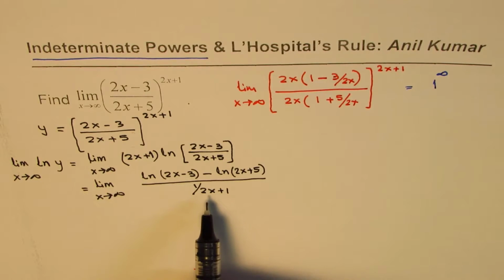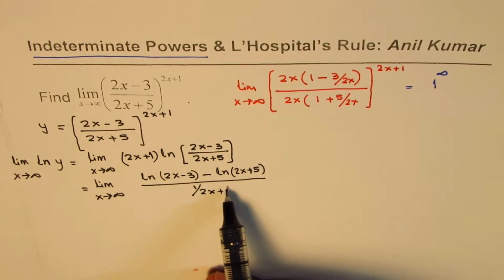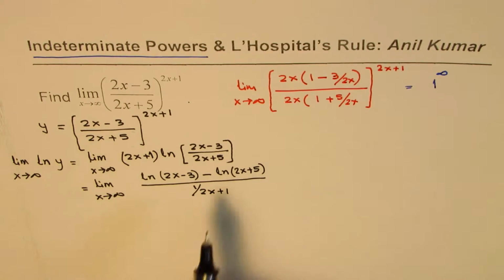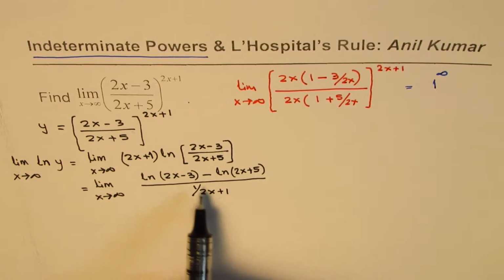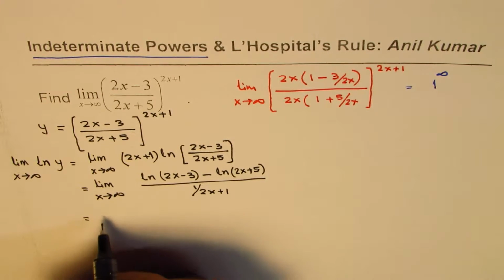Now, we'll apply L'Hospital's rule. We have already checked this is an indeterminate form, 1 over infinity. So we'll find the derivative of the numerator and the derivative of the denominator.